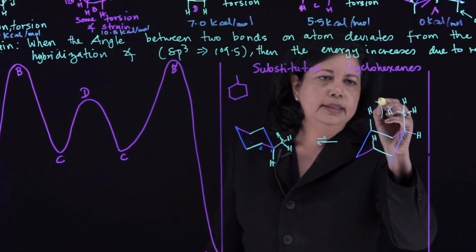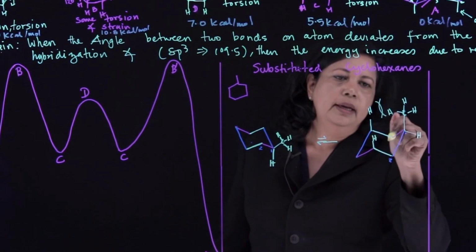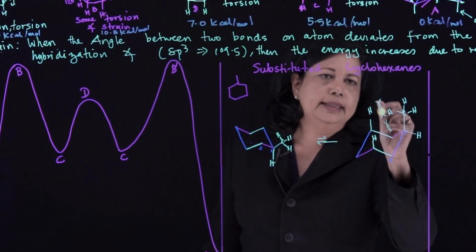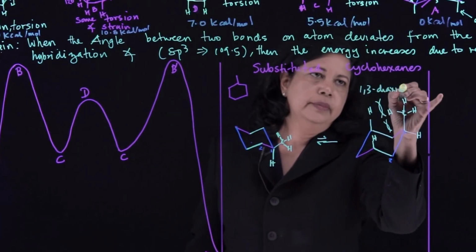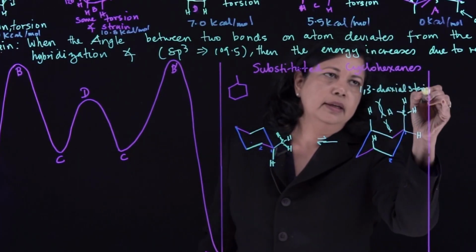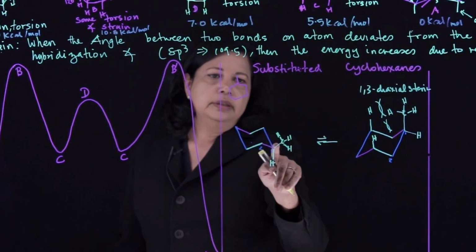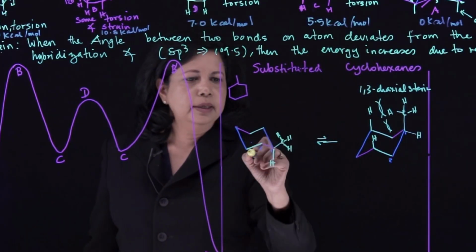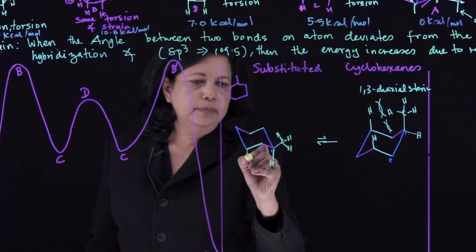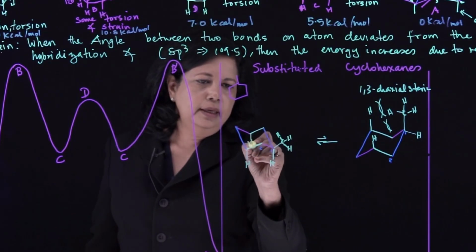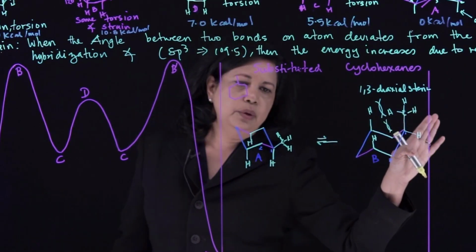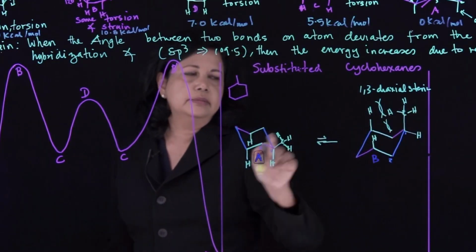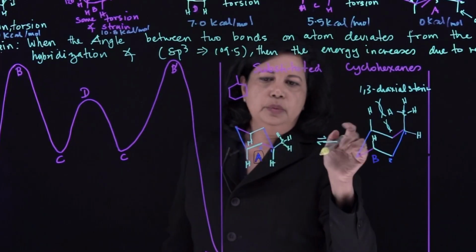Since it's a steric interaction, we can indicate it like that: 1,3 diaxial steric. Over here, these hydrogens are pointing up, and there's 1,3 over here, but this is pointing away. So there's absolutely no 1,3 diaxial here, because it's away.